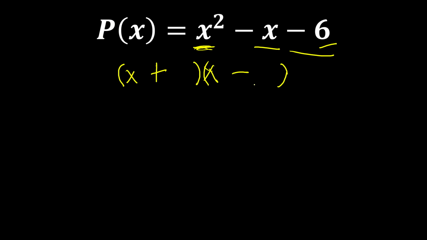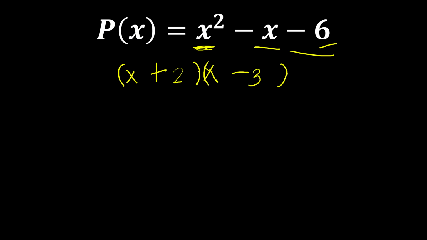Next, para malaman yung number, isip kayo ng number na kapag pinag-multiply, the answer is negative 6. And kapag pinag-add, ay negative 1. Okay? So the answer is positive 2 and negative 3 kasi 2 plus negative 3 magiging negative 1 and positive 2 times negative 3 is negative 6.